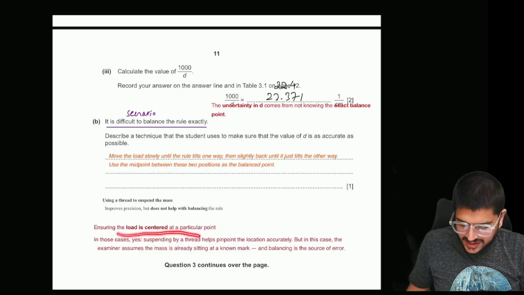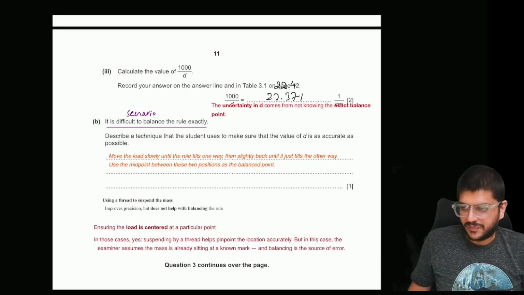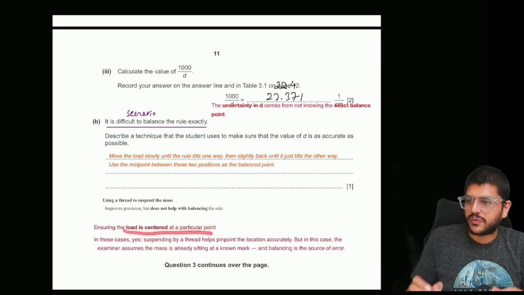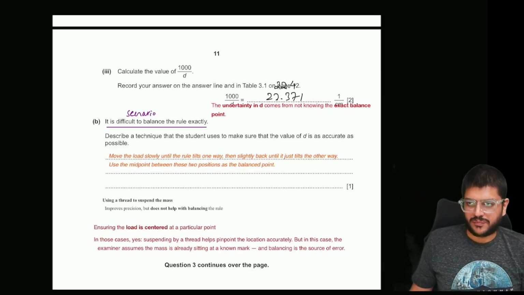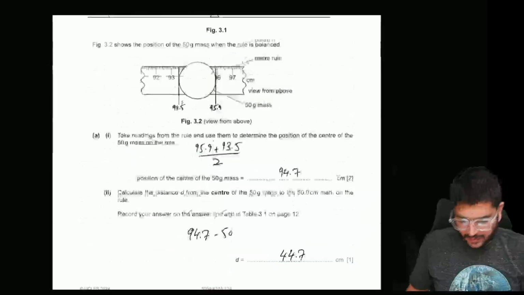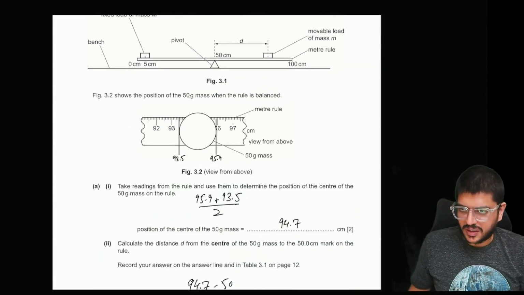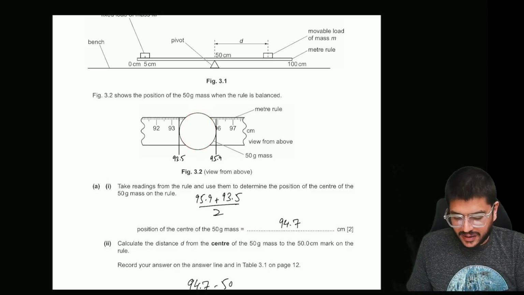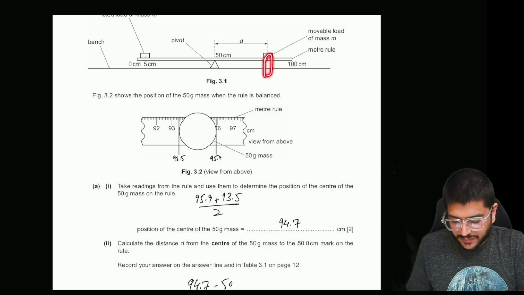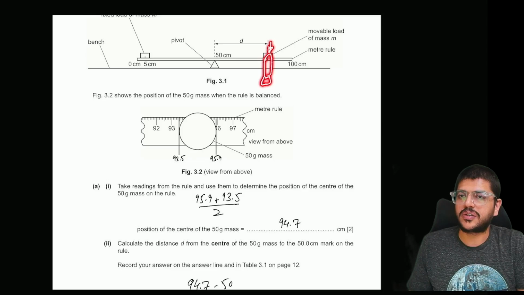Ensuring that the load is centered at a particular point. In those cases, if they say, how do we ensure that the load is centered at a particular point? To find the center, and now imagine you have this. It is difficult to find the center that you can't read off from here. The ruler is blocked. In that case, what helps is use a thread to make sure that it is centered properly.